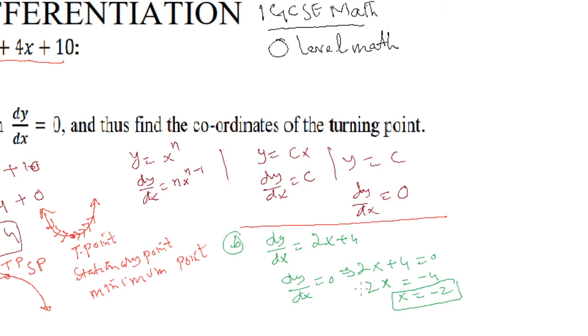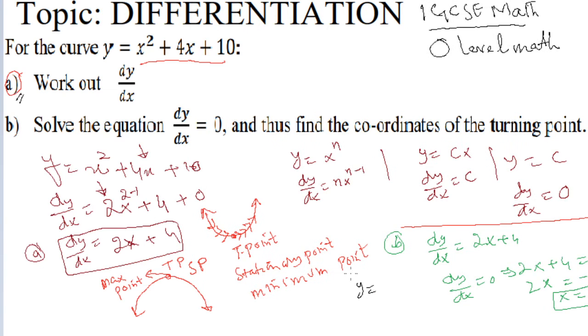Now how to get the y value? For y value, I'm doing with this black color. Y is equal to, what is the function here? The function is y is equal to x square plus 4x plus 10. So to get y, put the value of x here, minus 2 whole square plus 4 into minus 2 plus 10.